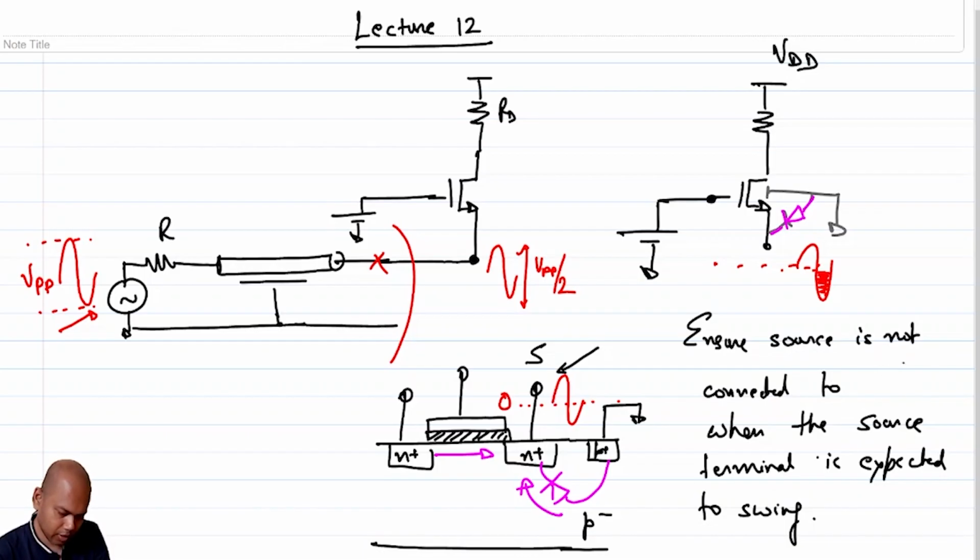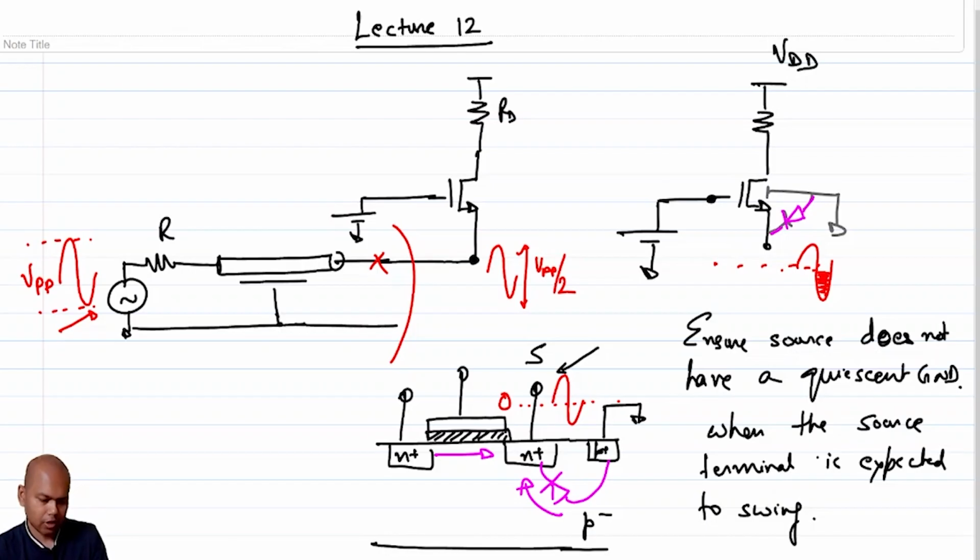I should say is source terminal. Ensure the source does not have quiescent ground potential when the source terminal is expected to swing. Okay.